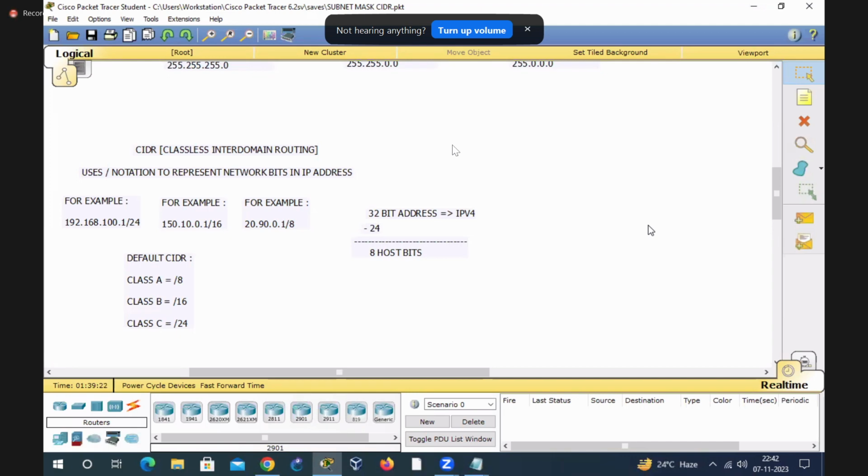Tell me the full range. Full range for class A: 1.0.0.0 to 9.255.255.255, and second is 11.0.0.0 to 126.255.255.255. For class B: 128.0.0.0 to 172.15.255.255, and second is 172.32.0.0 to 191.255.255.255.